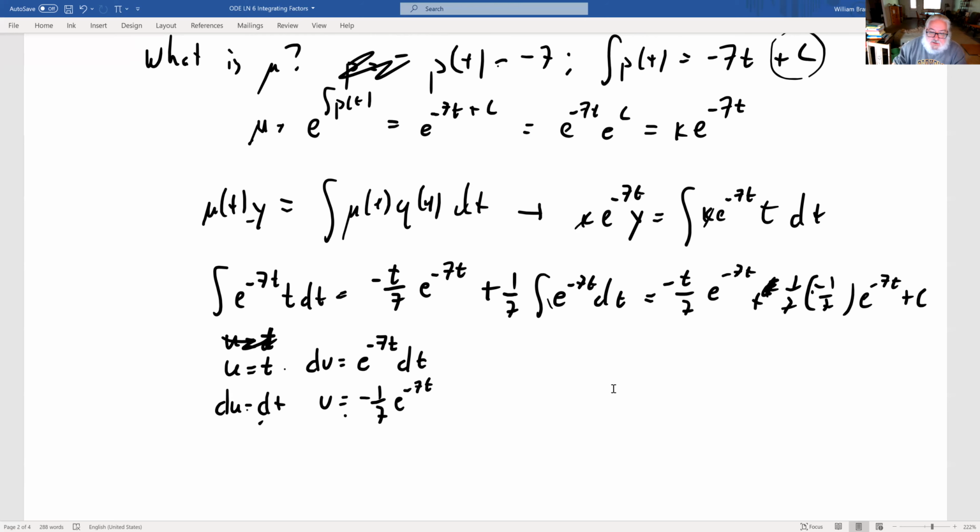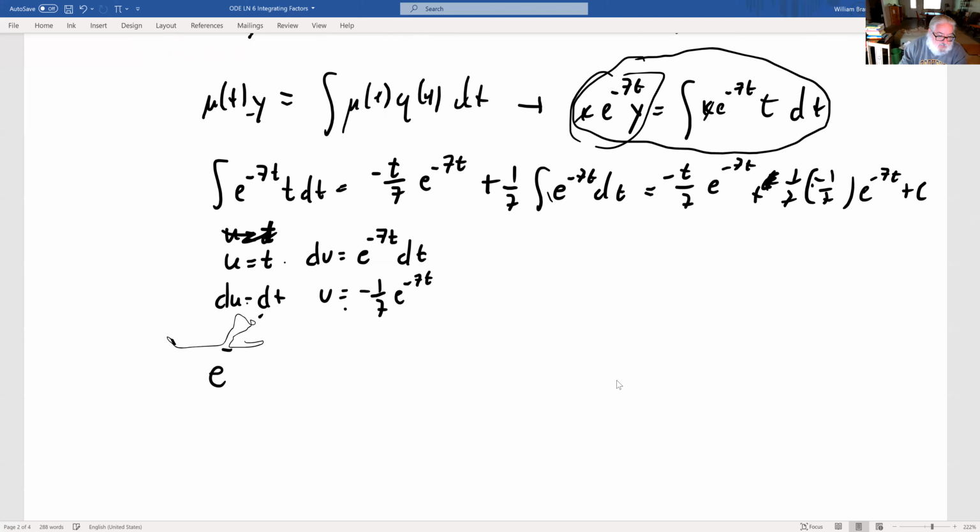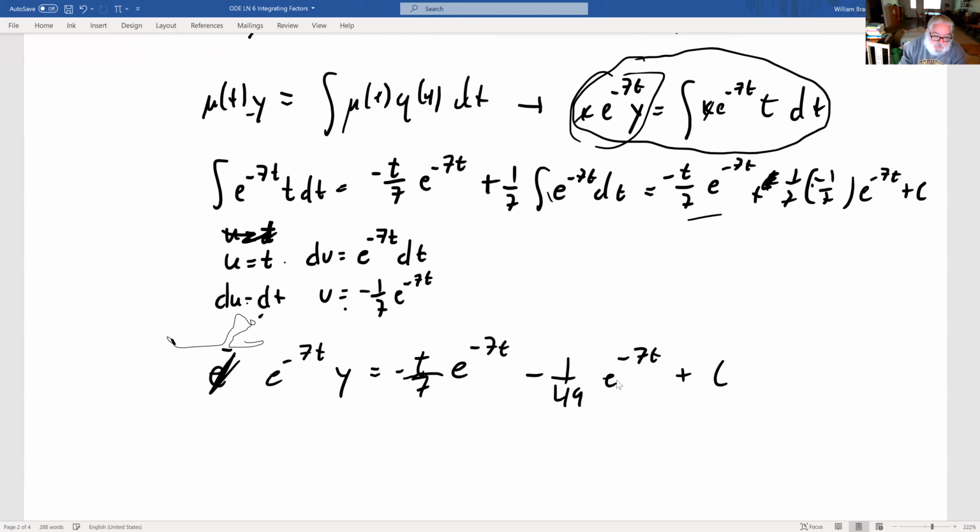So this whole equation, which is going to solve for y, becomes, taking our left-hand side, e to the minus 7t y equals minus t over 7 e to the minus 7t minus 1 over 49 e to the minus 7t plus c.